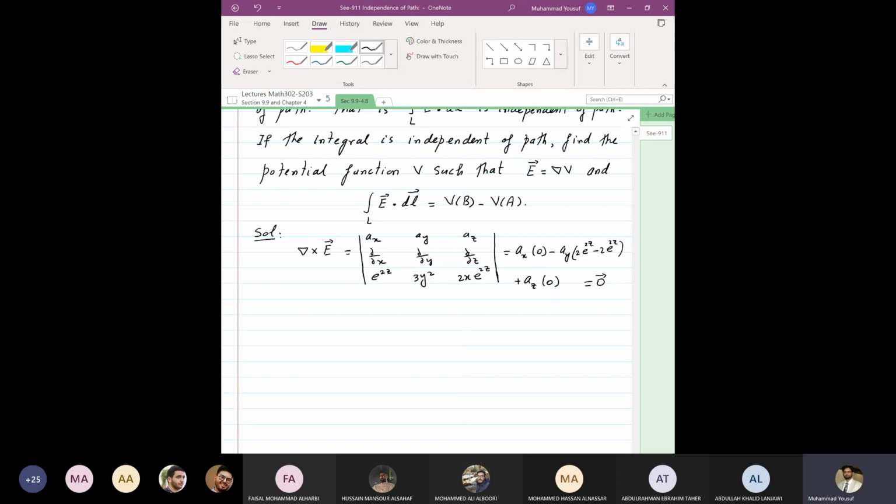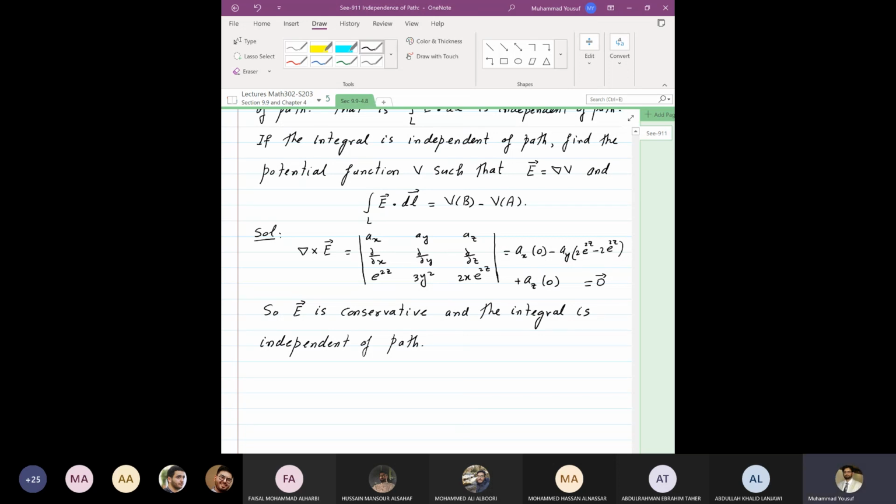So we say that vector E is conservative and the integral is independent of path.